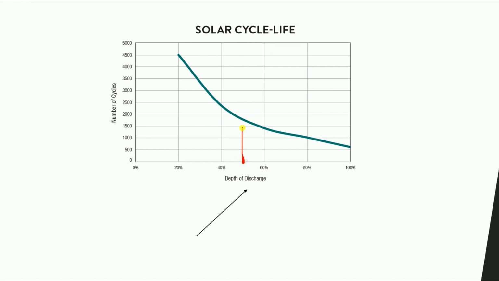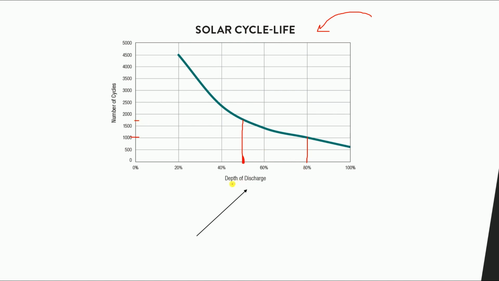At 50%, we can get approximately 1700, 1750 cycles, depending on the battery itself. This is one curve for the batteries we are discussing in this lesson. If you decided to use 80% depth of discharge, you will get only 1000 cycles instead of 1700.